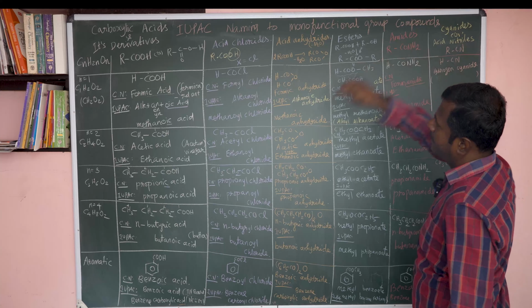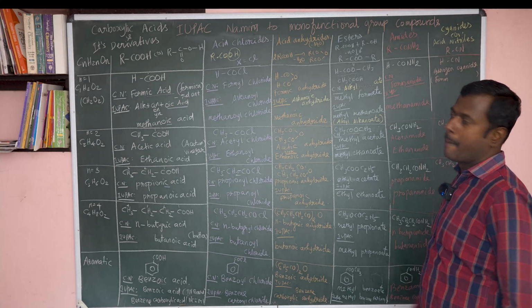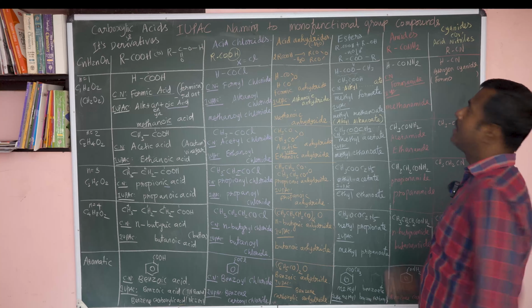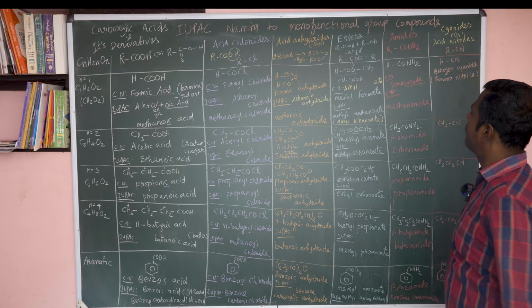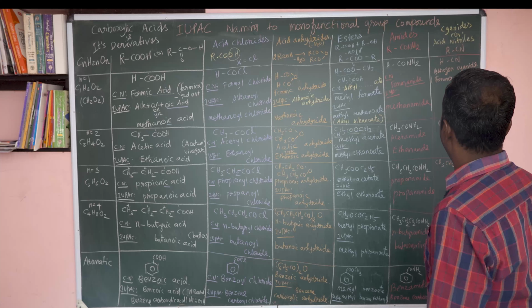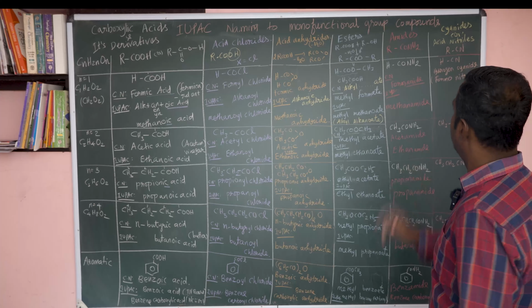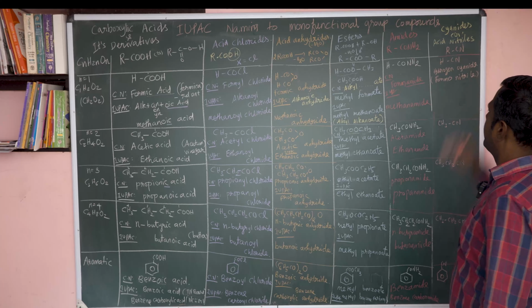Here the acid is formic acid. Instead of IC, O is added, so this is formonitrile. While giving the acid nitrile name, with the acid part, the IC is removed and O is added. So for formic acid, formonitrile.